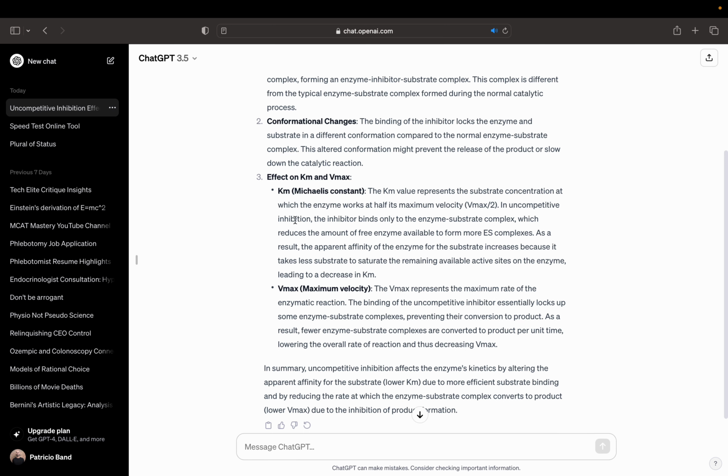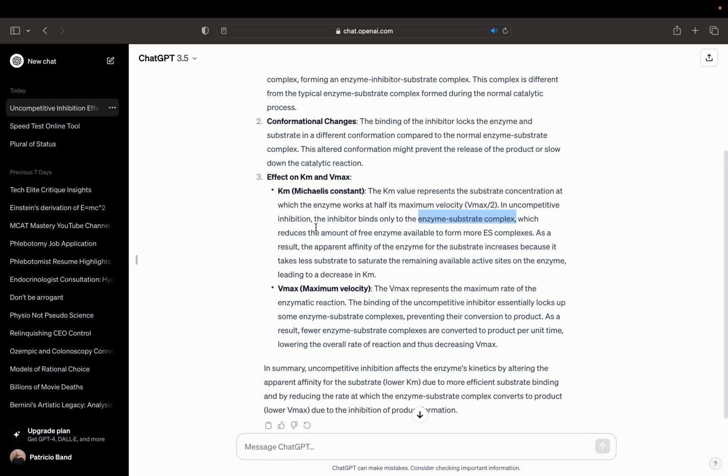Perfect. In uncompetitive inhibition, the inhibitor binds only to the enzyme substrate complex, which reduces the amount of free enzyme available to form more ES complexes. What did we just read here? In uncompetitive inhibition, the inhibitor binds only to the enzyme substrate complex, not the free enzyme, and anything else.